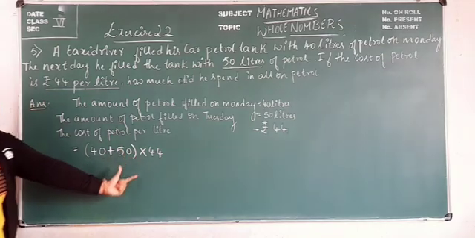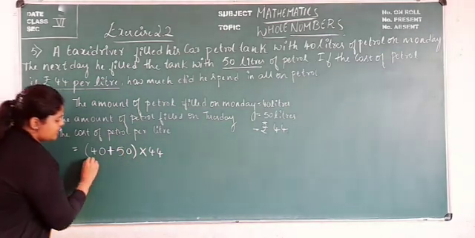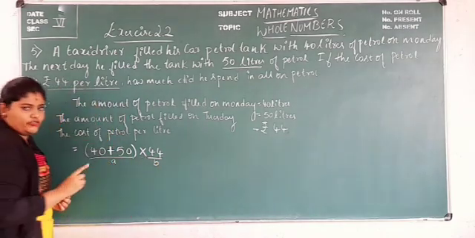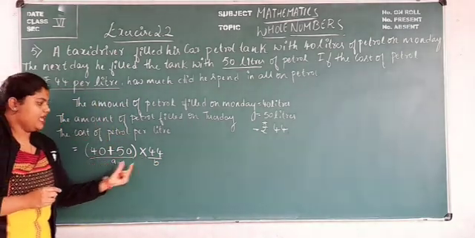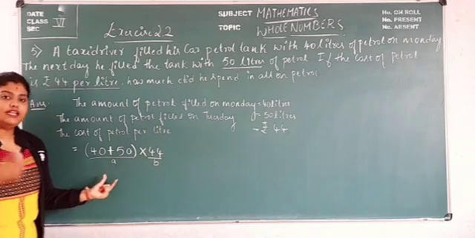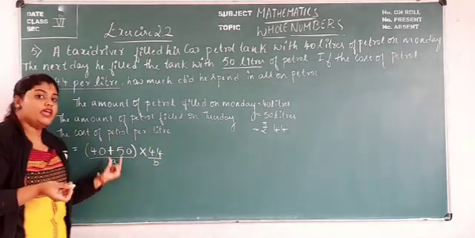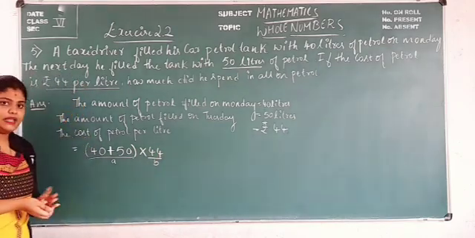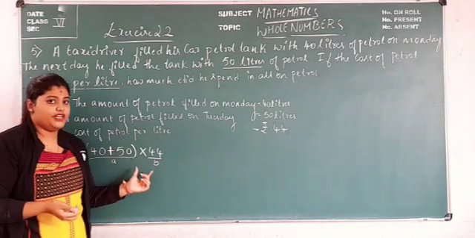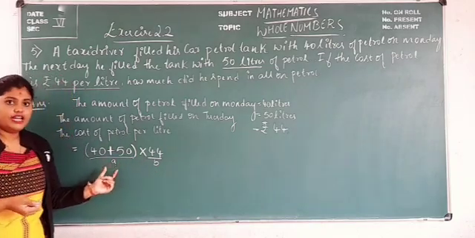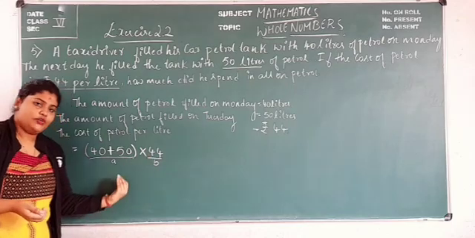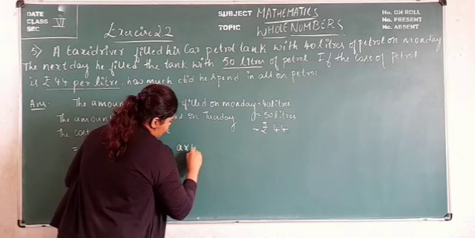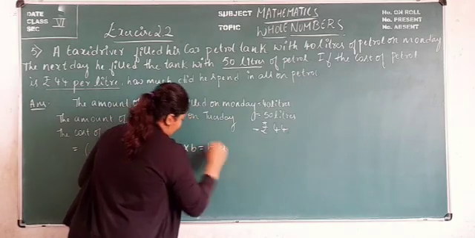If I consider this whole bracket as A and this 44 as B. While learning commutative property, you know that A into B is equal to B into A. If we change the order and multiply, the obtained product remains the same.